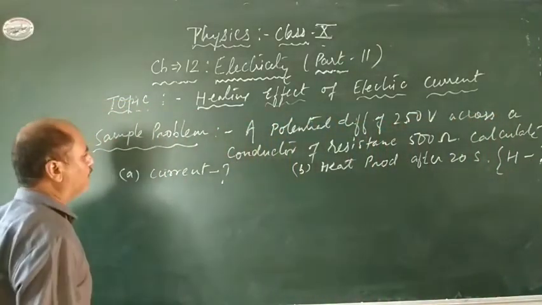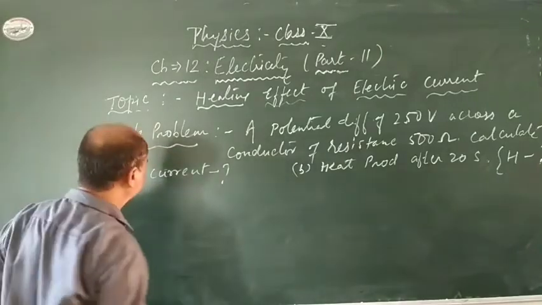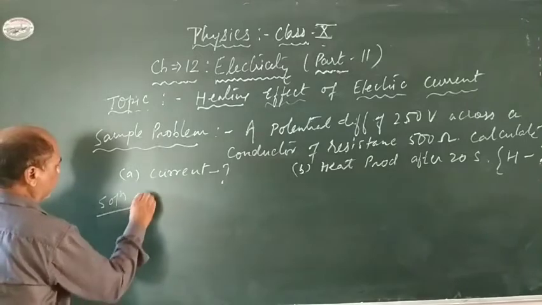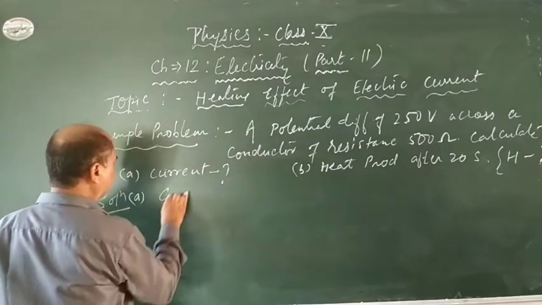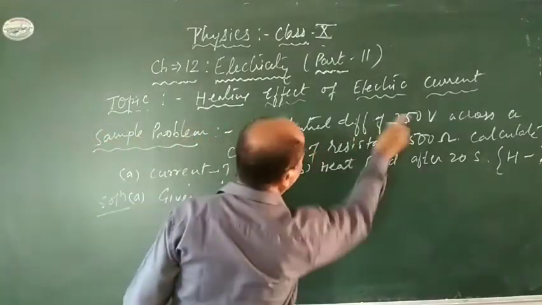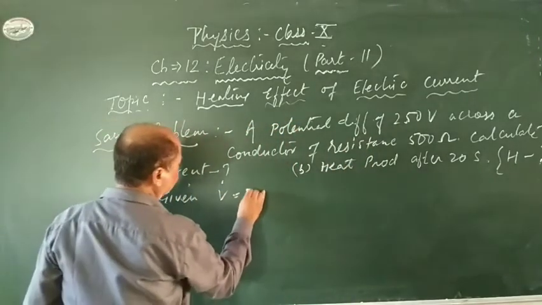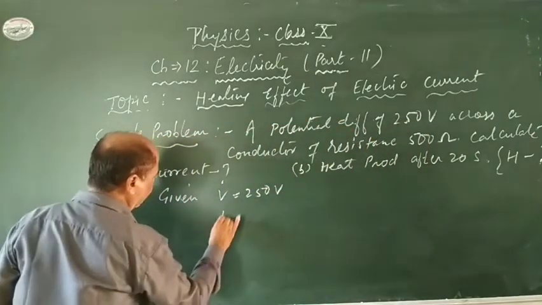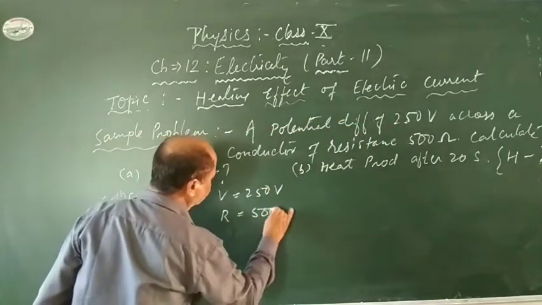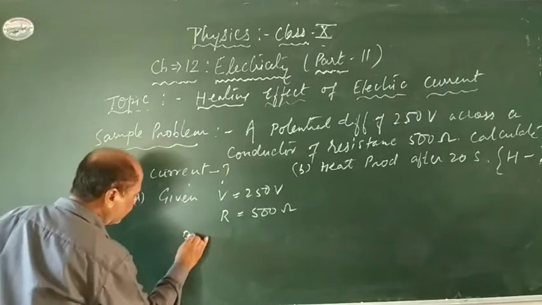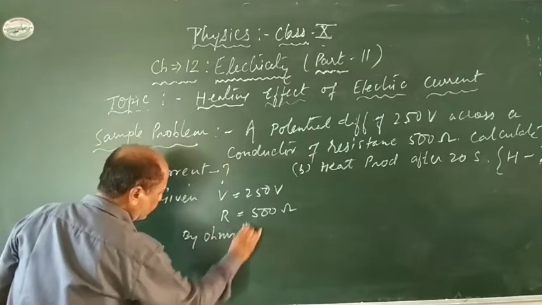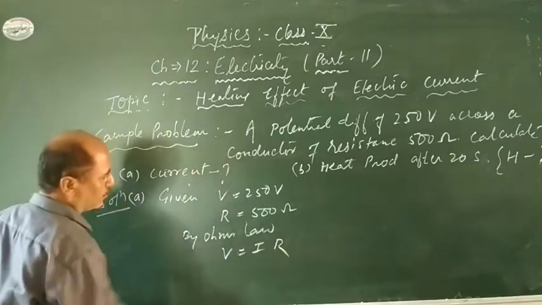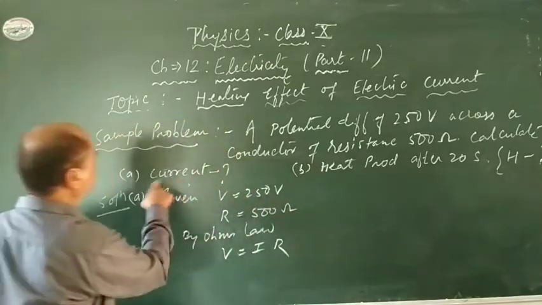So let us see the current. What is the expression that Ohm's law gives? So let us see solution A. What is given here in solution A? The potential difference is given, that is V, 250 volts, and the other thing is the resistance R, that is 500 ohms. Now, by using Ohm's law, V is equal to IR. Our finding is I here, the current.